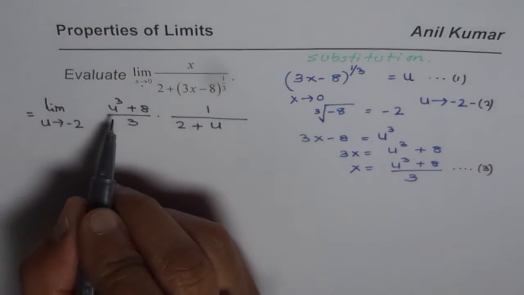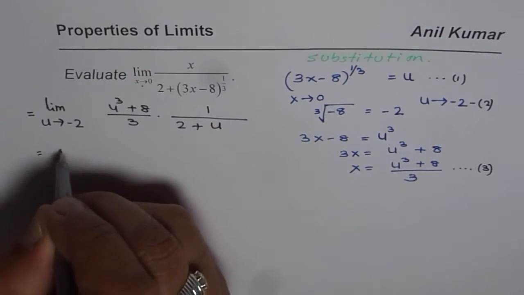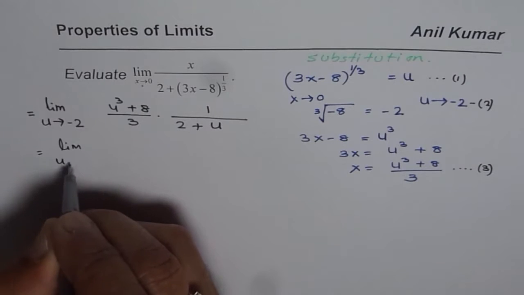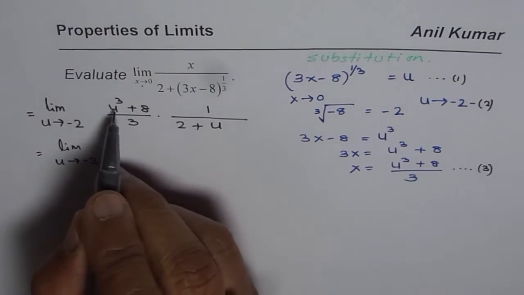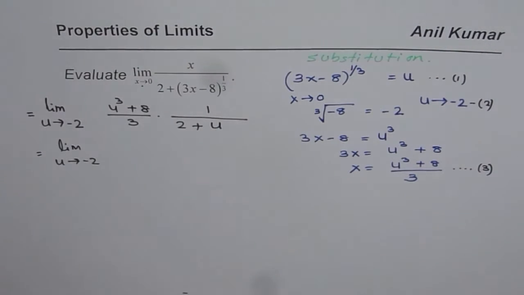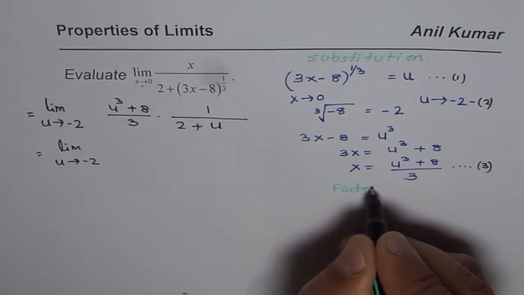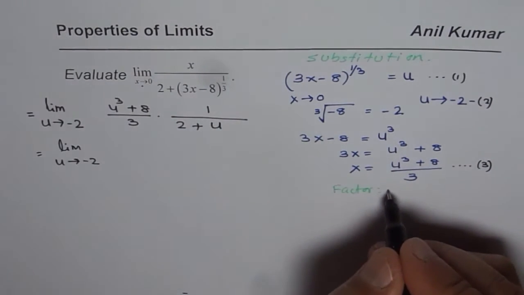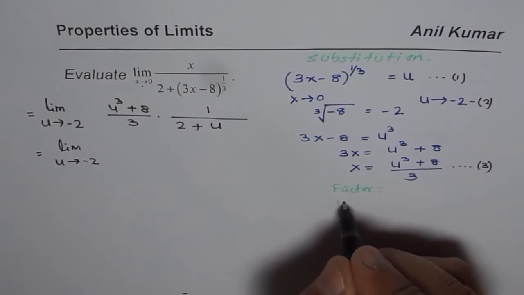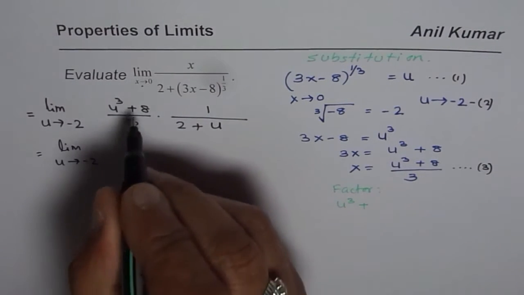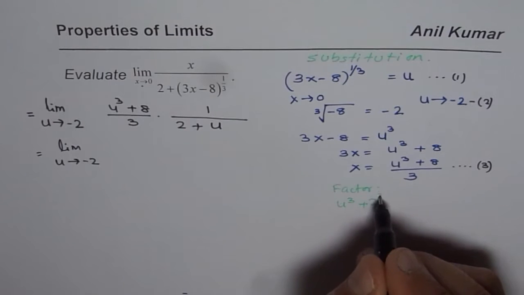Now we can factor, right? So now we can write this as the limit as u approaches minus 2. Factor u cube plus 8. So let's see how to factor that also. u cube plus 8, where 8 is 2 cube. So let me write this as 2 cube, right?